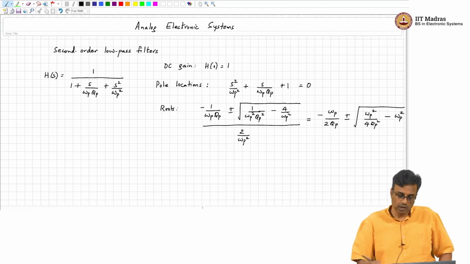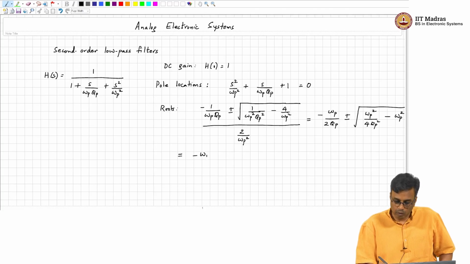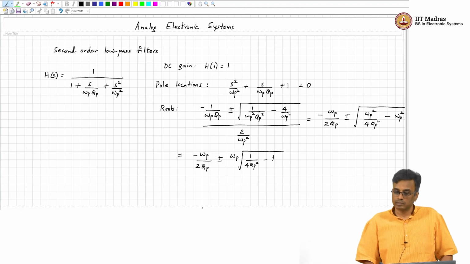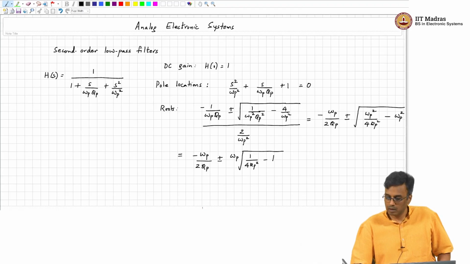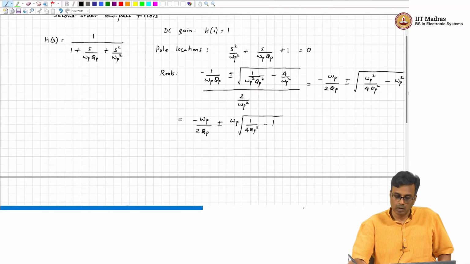All right, so that can be written as minus omega p over 2 Q p plus minus omega p times square root of 1 by 4 Q p squared minus 1. Is that clear?